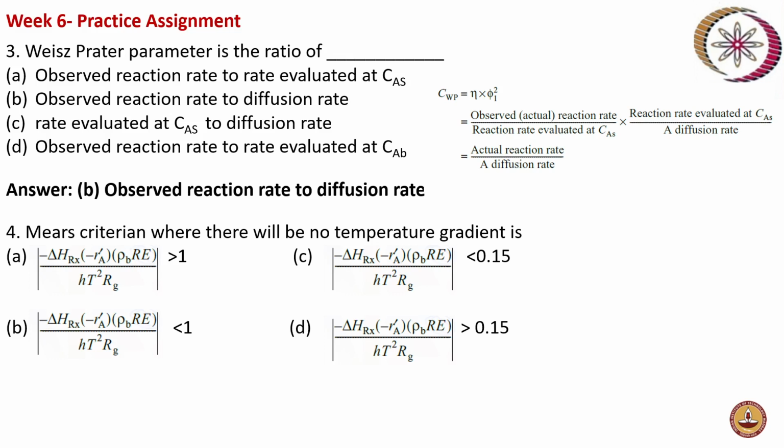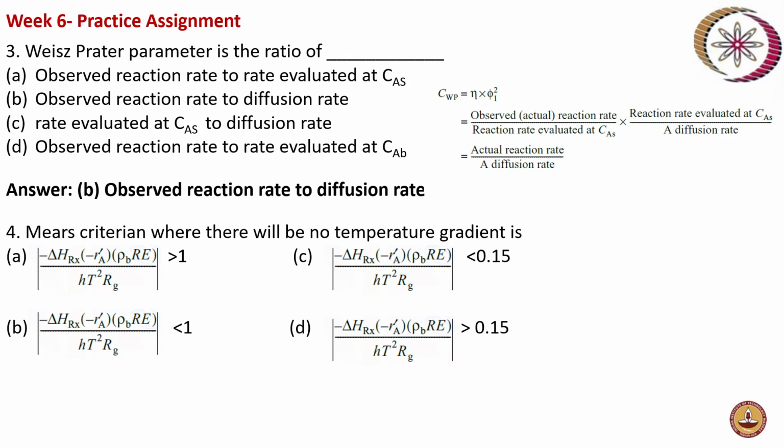So whether this term should be greater than 1, or less than 1, or less than 0.15, or greater than 0.15 for no temperature gradient existing. That is, everything is at the bulk temperature. The conditions inside the pellet and outside the pellet, everywhere the temperature is at the bulk temperature condition.